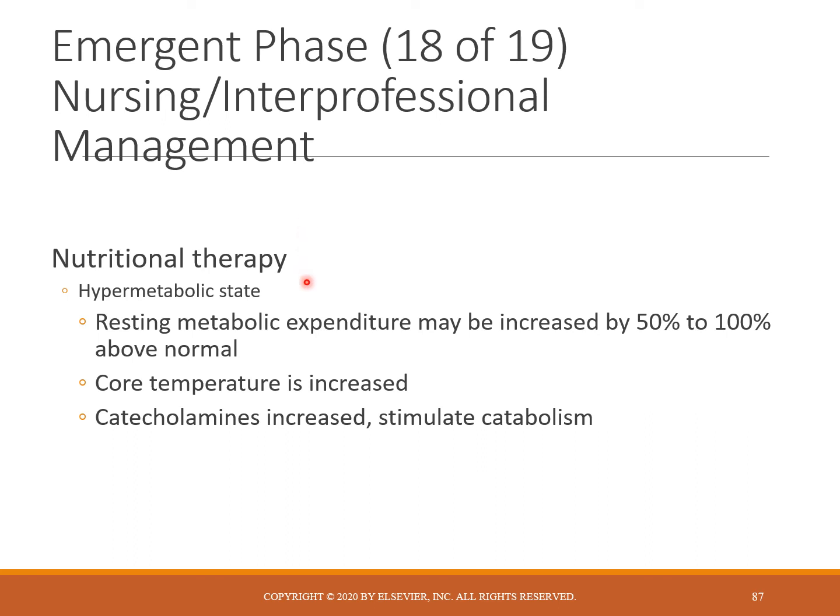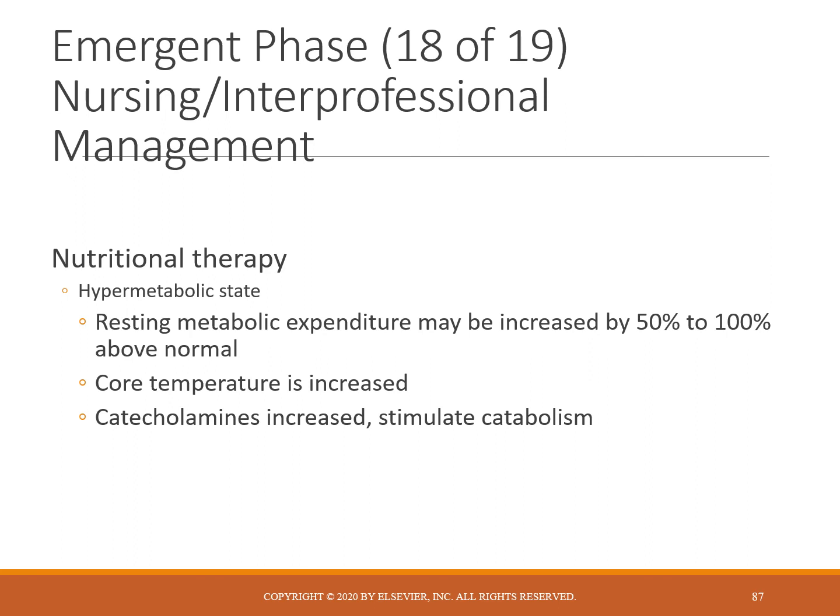So this is another thing about nutritional therapy. Remember that they can be in a hypermetabolic state. So it means that their metabolism can be higher or doubled. So this means that their core temperature might be higher in response to the burn injury. So what's going to happen? They will be using more oxygen and more energy.